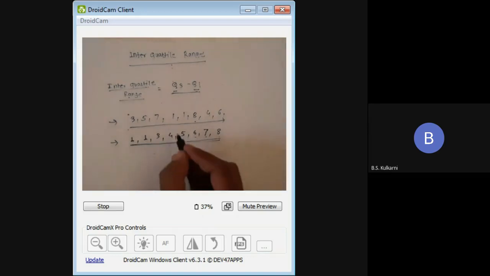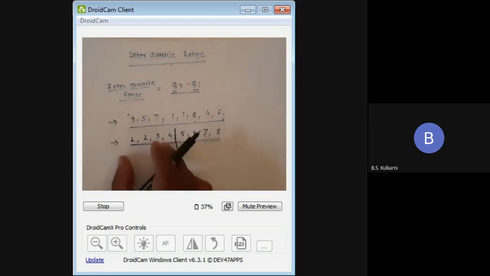Simply divide that series into two parts in such a way that there are 4 items on the left side and 4 items on the right side.